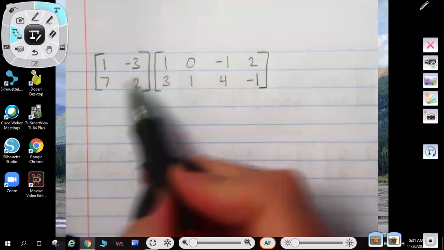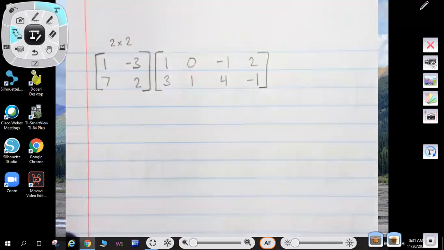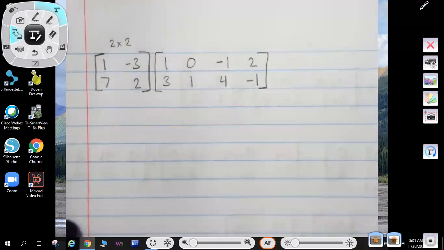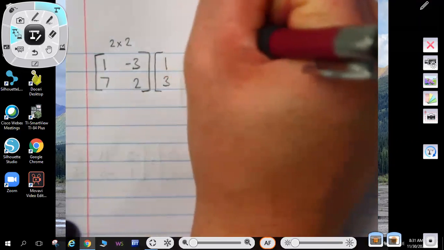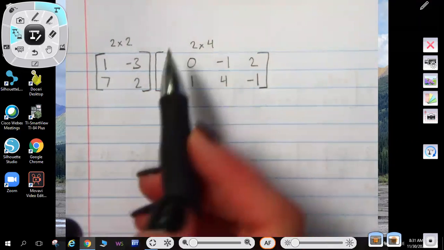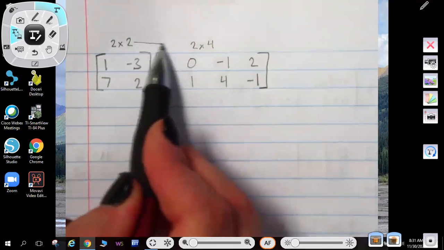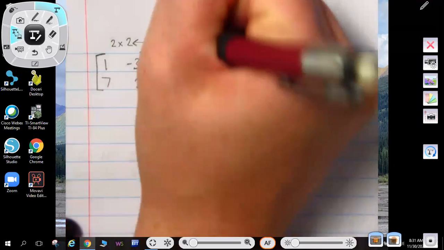So let's look at the dimensions of both of them. The first matrix has 2 rows and 2 columns, so it's a 2 by 2 matrix. The second matrix has 2 rows and 4 columns. So all we need to be able to work this is for these two inside numbers to match, and they do.